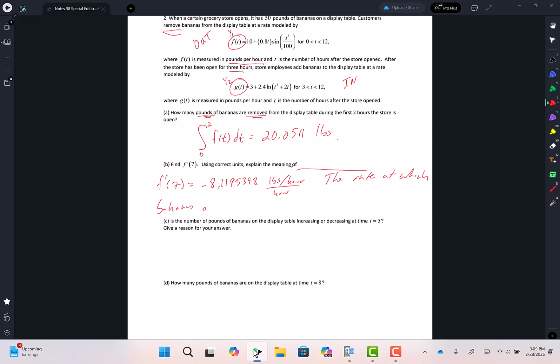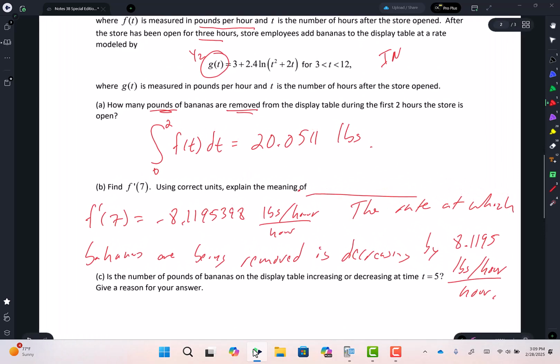The rate at which bananas are being removed is decreasing by 8.1195 pounds per hour, pounds per hour.